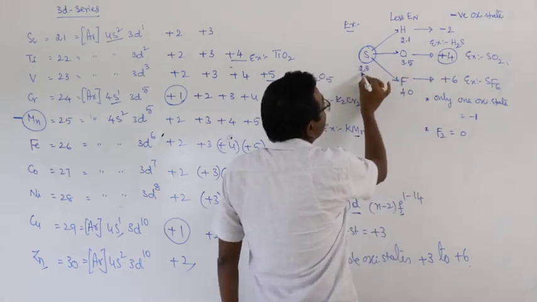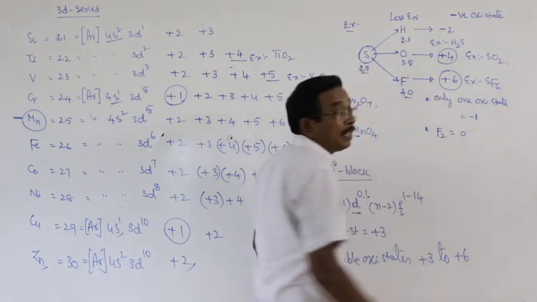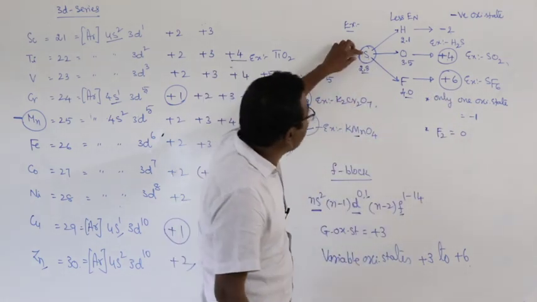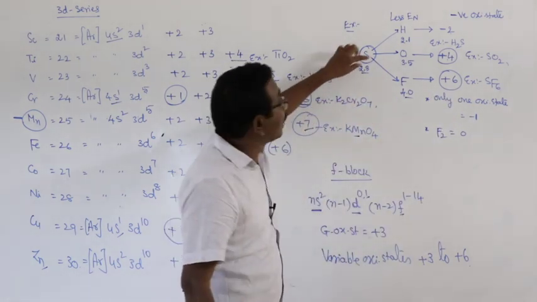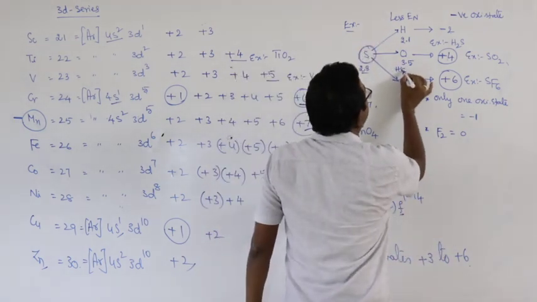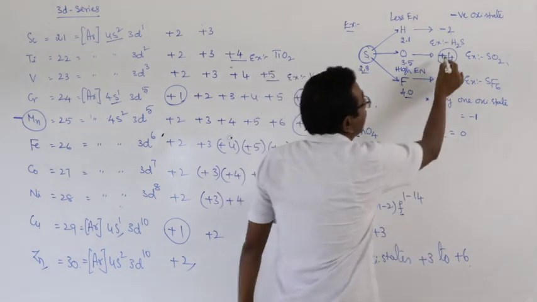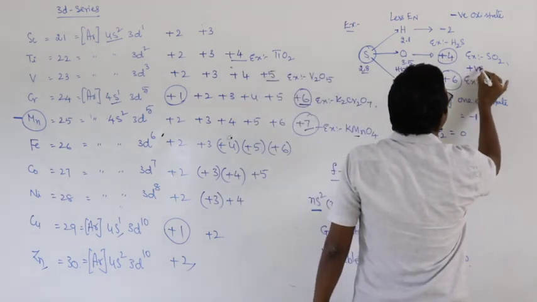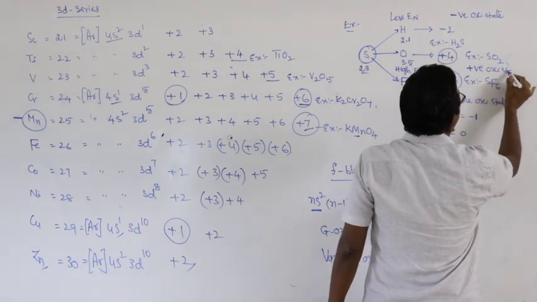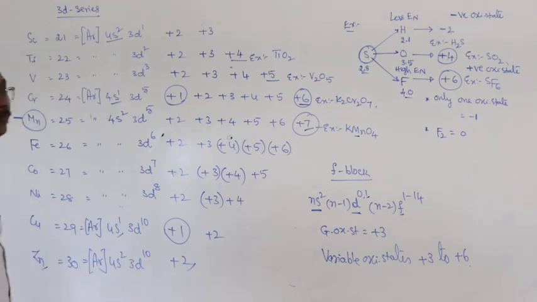In the third example, sulfur 2.8, fluorine 4, oxidation state +6. This means when an atom of an element combines with a more electronegative element than itself, it exhibits positive oxidation states. I am repeating once again.